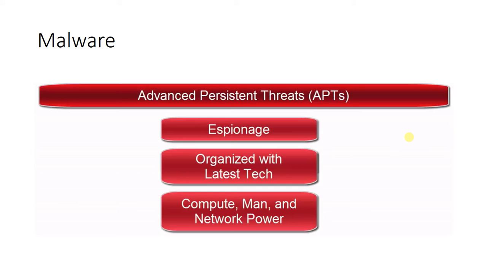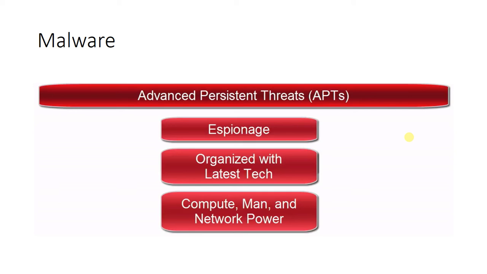APTs are how cybercrime plays in the game of espionage, whether it's industrial espionage or espionage against nation states. APTs are what they sound like. They are threats that are advanced and persistent. Advanced implies the resources that are available are state of the art and not in short supply.